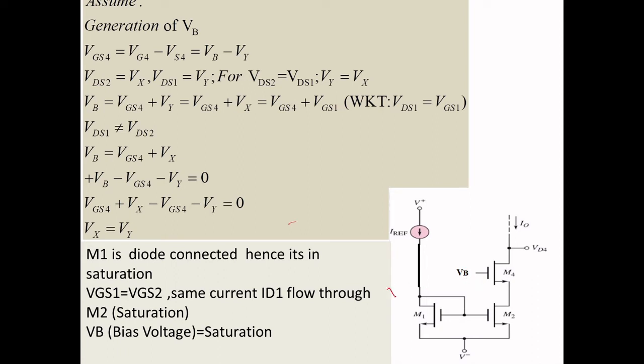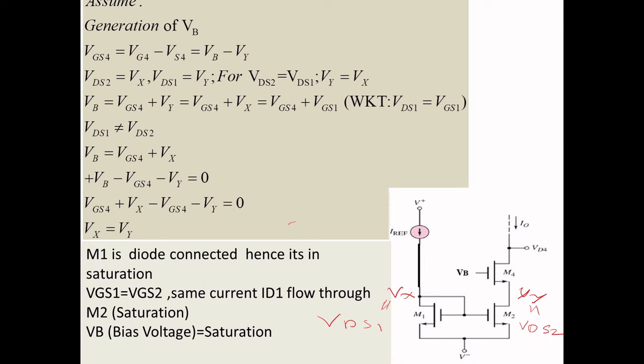Take this as your Vx point and this as your Vy point. We know that Vx is nothing but your VDS1 and Vy is nothing but your VDS2. What you want to understand is that the change of VDS2 with respect to I naught should be reduced.